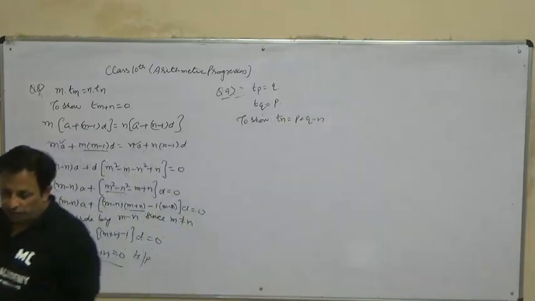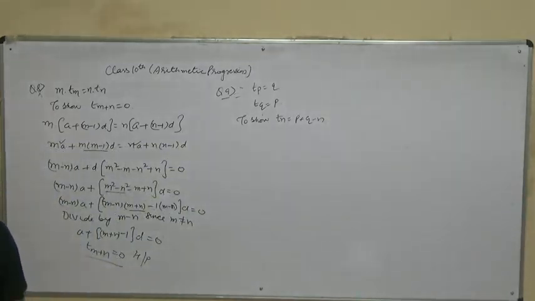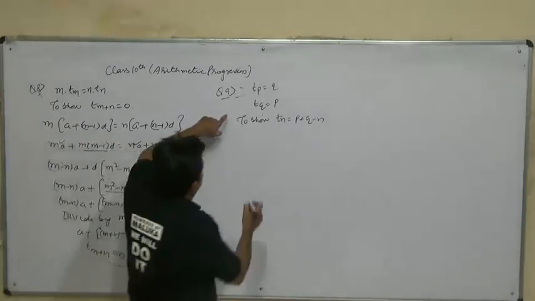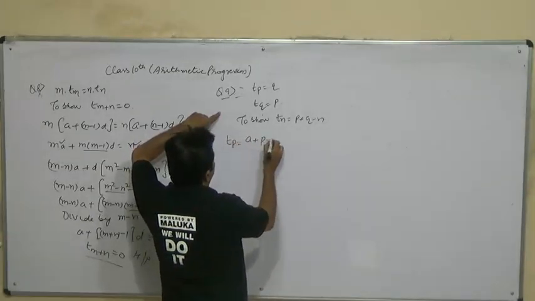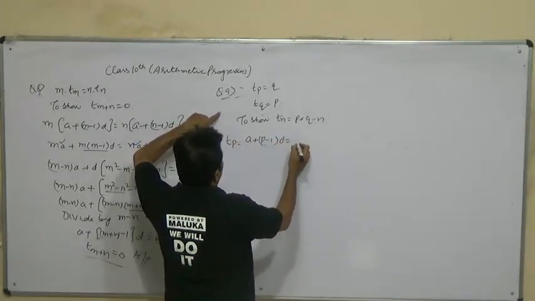So this we want to show. So what is the pth term? We can write Tp is equal to a plus p minus 1 into d is equal to q.